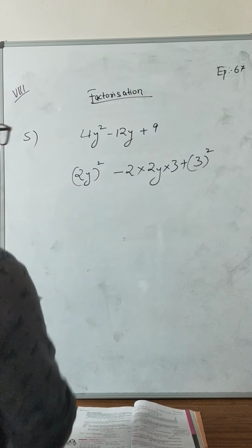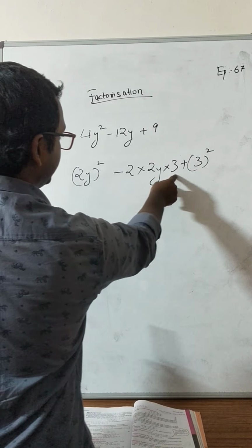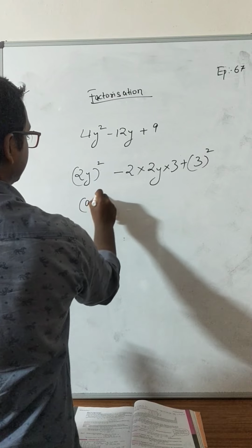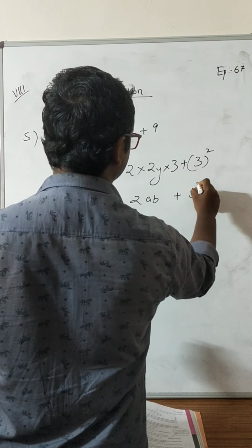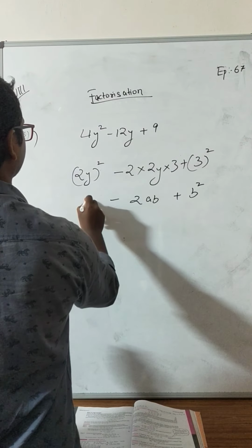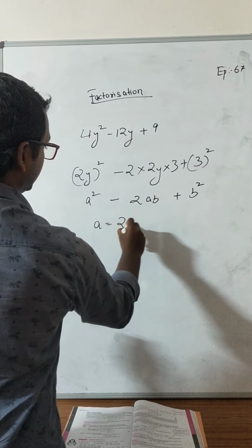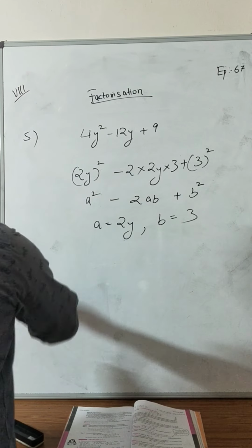See, a square minus 2 into a into b plus b square. So this is actually a square minus 2ab plus b square, where a is equal to 2y and b is equal to 3.